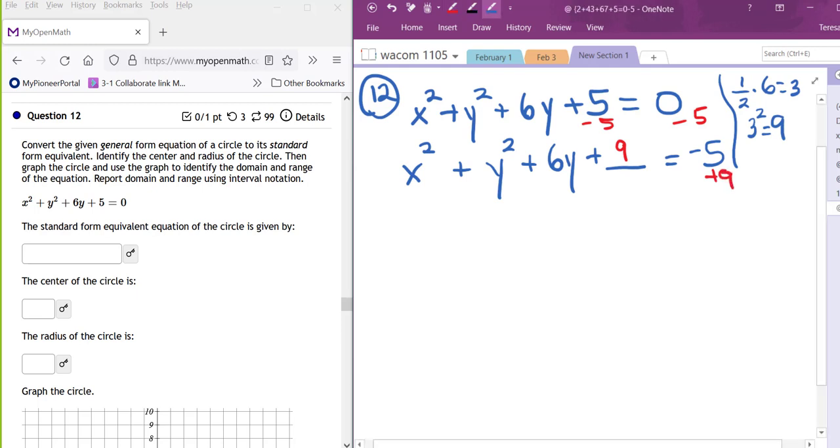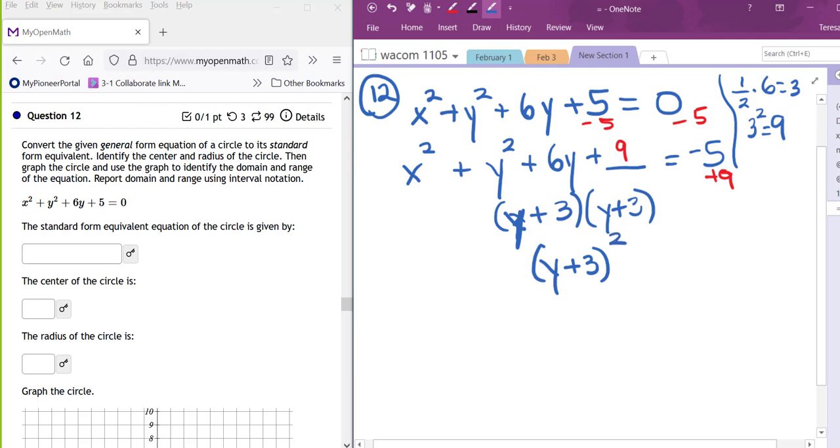Now, this piece is a perfect square trinomial. Whoops, it's not x. It's y plus 3 and y plus 3, or y plus 3 squared. Right? The x squared is already okay. And here we have 9 minus 5 is 4. So this is standard form.